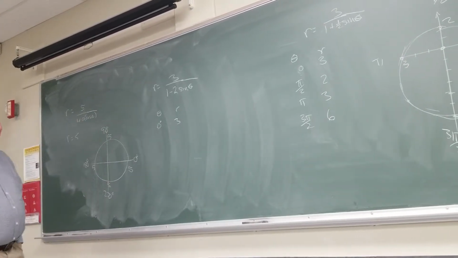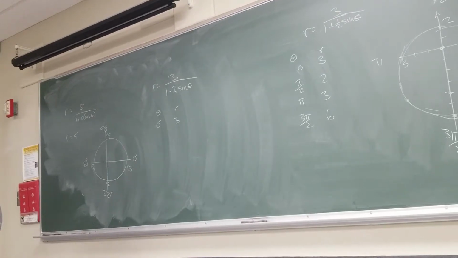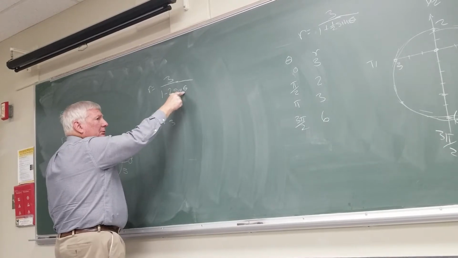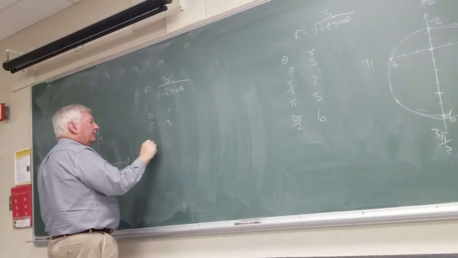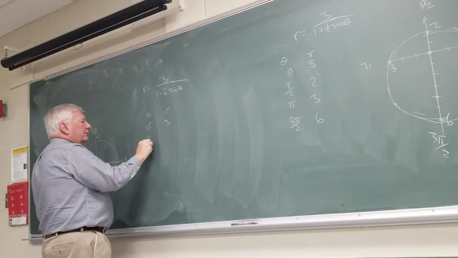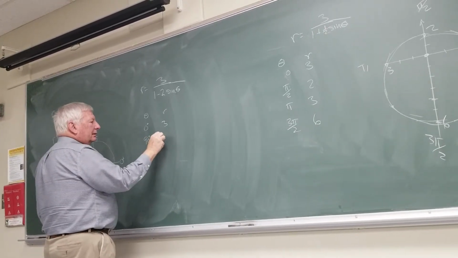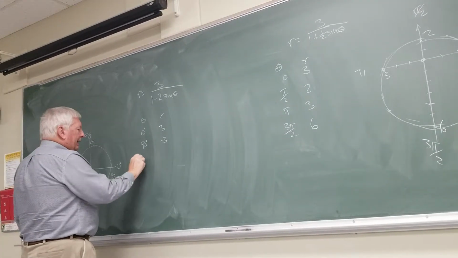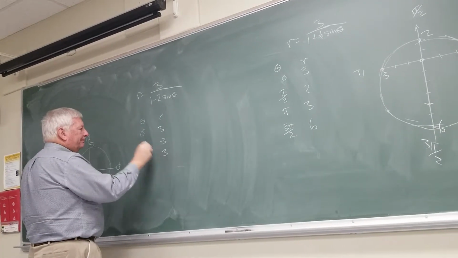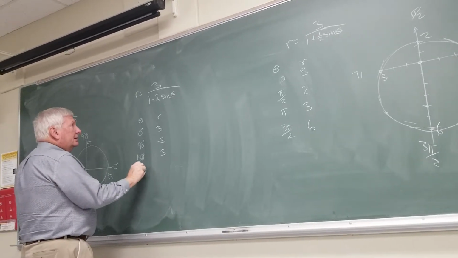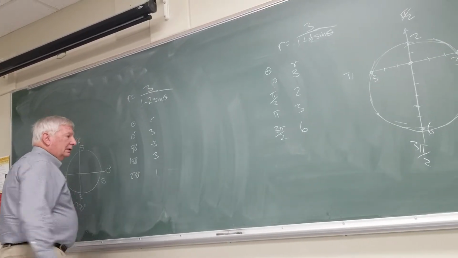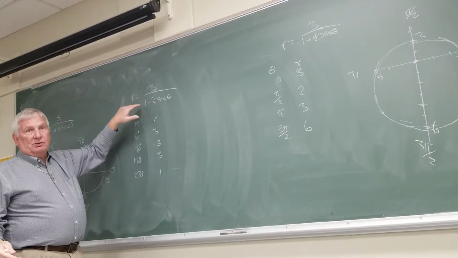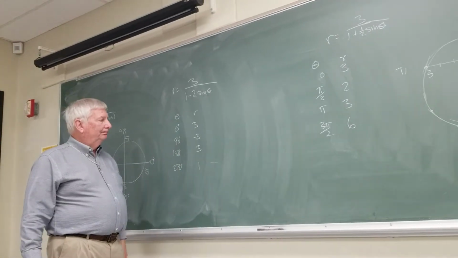When theta is 90 degrees, sine of theta is 1, so we have 1 minus 2 is negative 1. So at 90 degrees, we get negative 3. At 180 degrees, we're back to positive 3. And at 270 degrees, sine of 270 is negative 1. Negative 1 times negative 2 is positive 2, plus 1 is 3. 3 over 3 is 1.